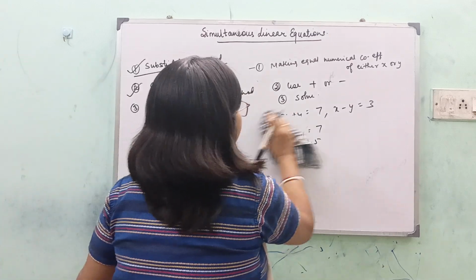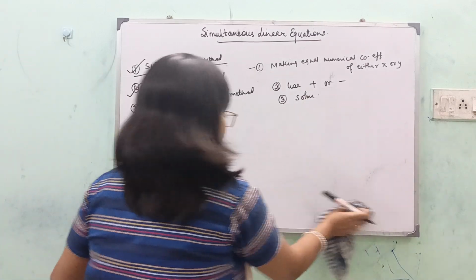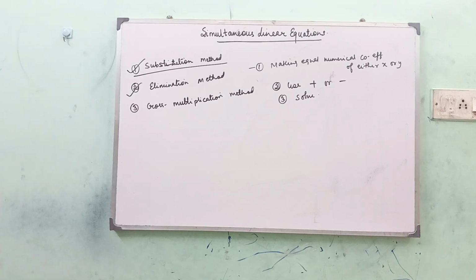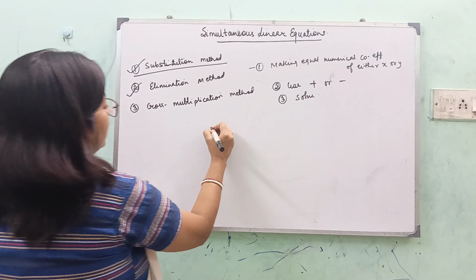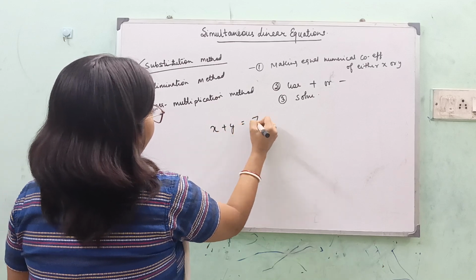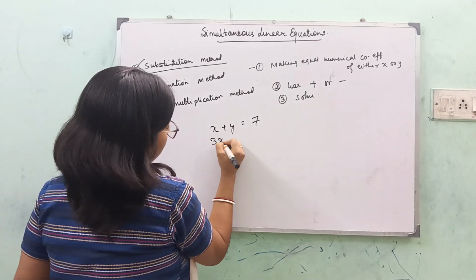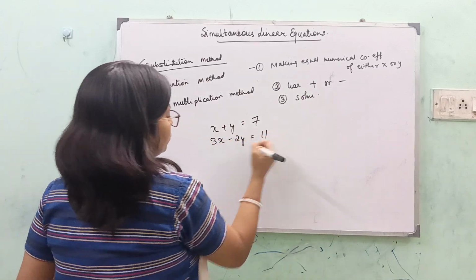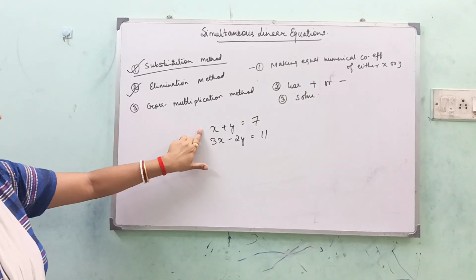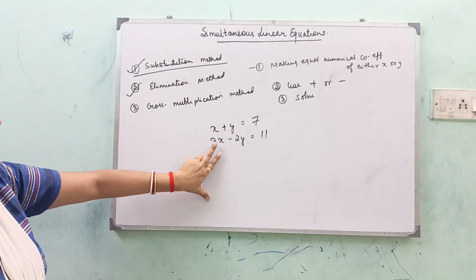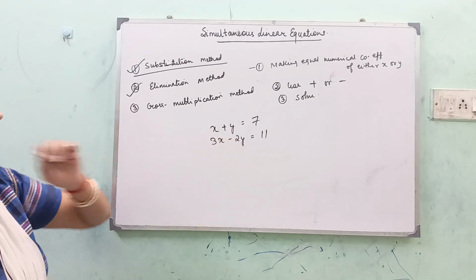Another example. To make it more clear, let us take the second one that we were using, x plus y equals 7 and 3x minus 2y equals 11. So here you see, for x we have 1, for y we have 1, for x we have 3 and for y we have minus 2.